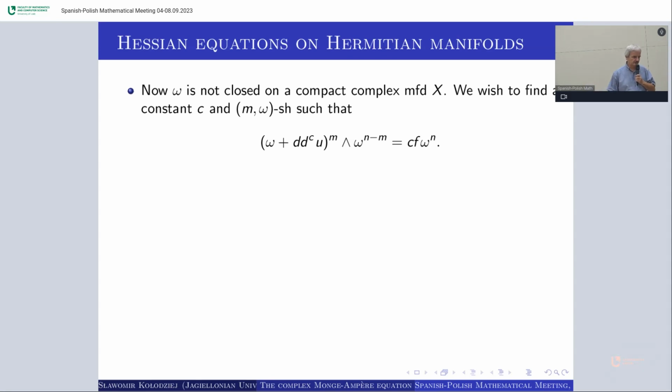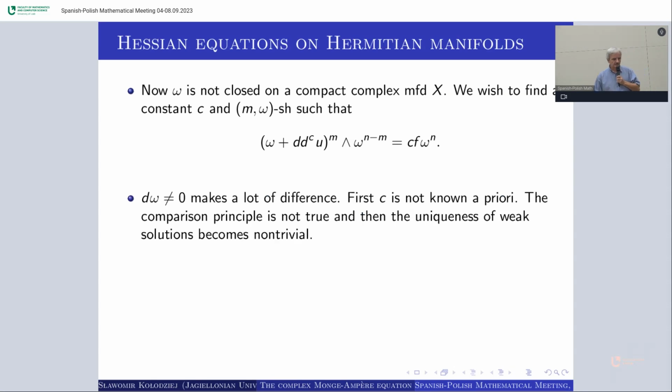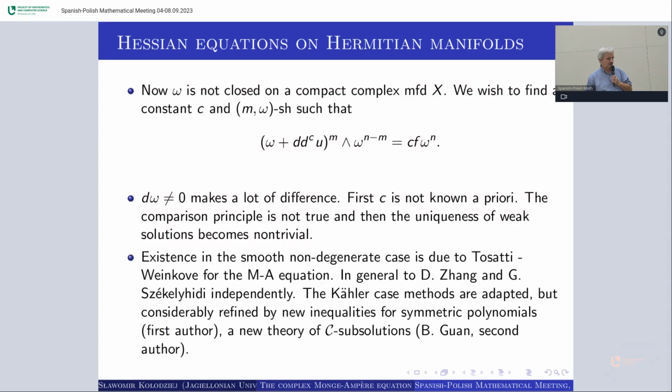There are some other technical obstacles in the theory. Well, one should realize that on any compact complex manifold, you can find such a Hermitian metric. It's not necessarily the case for Kähler manifolds. I mean, there are compact complex manifolds for which no Kähler metric exists.